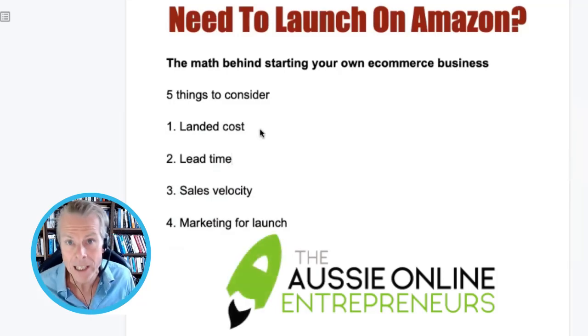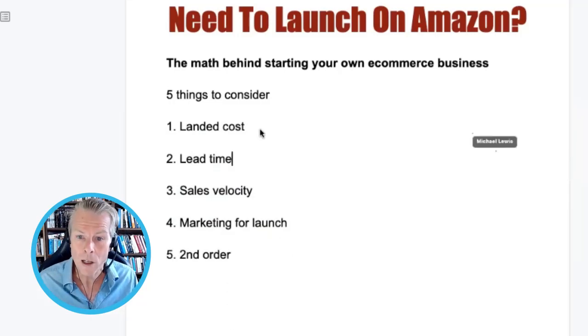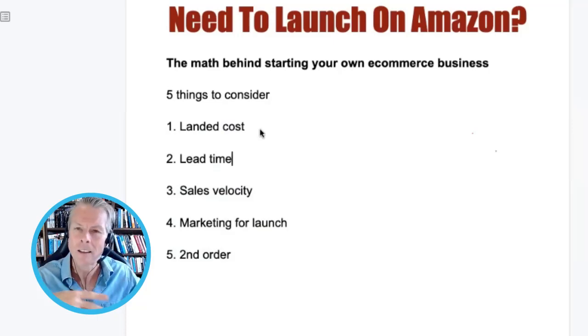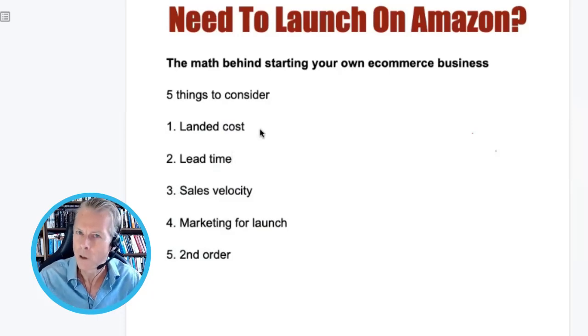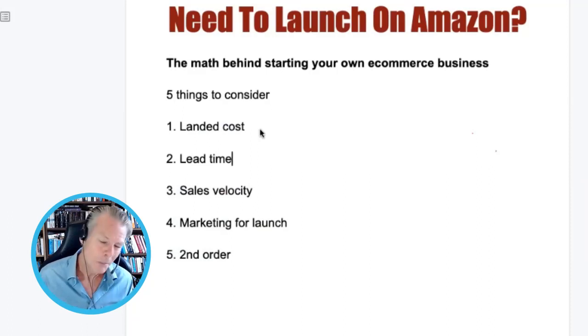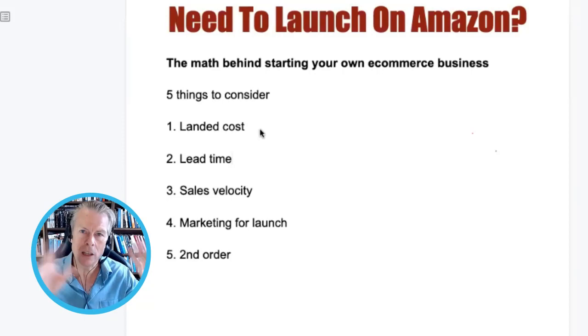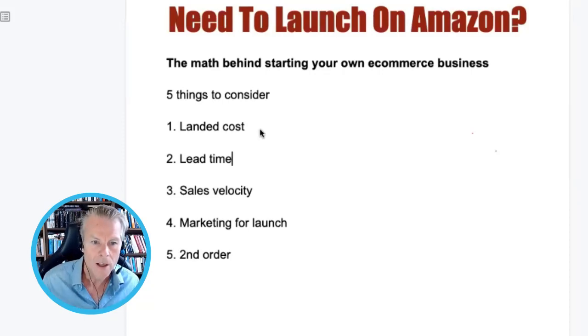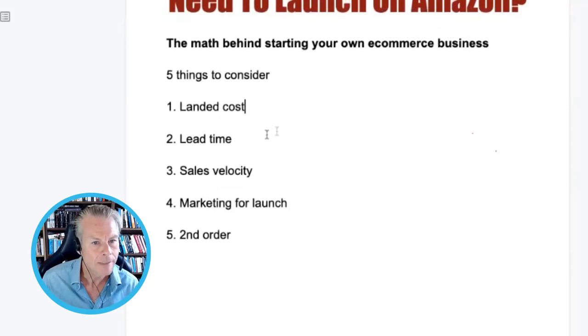So that could include the unit cost of the product, the cost to ship the product from China to Australia, America, UK, wherever it is, the customs duty and any taxes payable, and any forwarder fees, customs broker fees, and so on. Whatever the sum total of that is, divide it by the number of units you've got, and that becomes your landed cost.